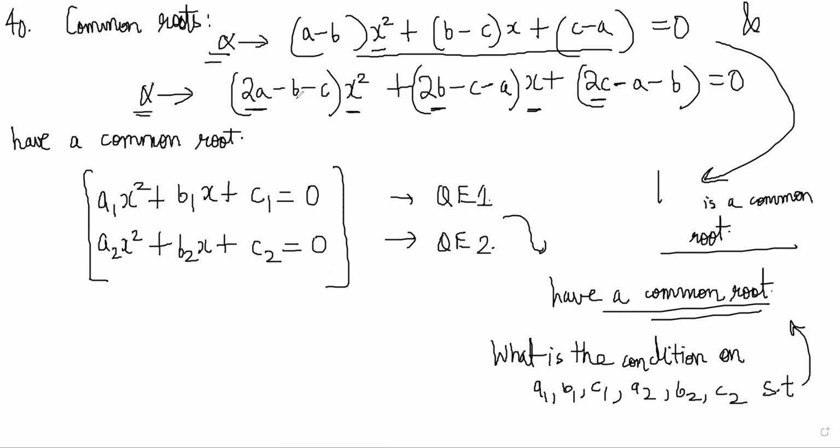We are thinking about a more complicated case where this could have roots alpha, beta, and this has roots alpha, gamma, right? Just one root is common. The coefficients don't have the same sum. Nothing is same, only one thing is same, alpha.